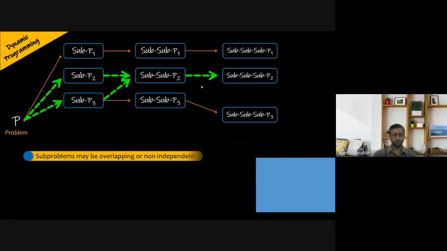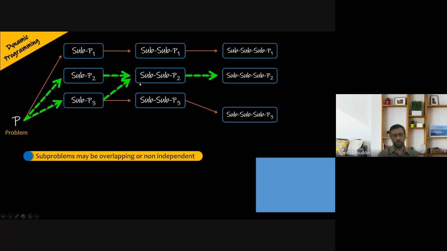Now, in a general sense, when we are using the dynamic programming approach to solve a problem, you can observe that sub-problem P2 and sub-problem P3 are two different problems.